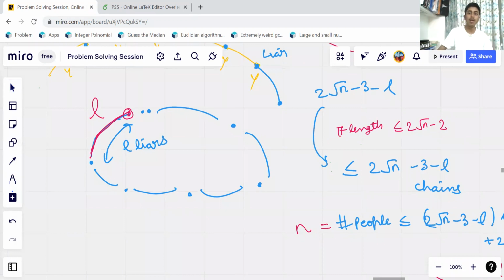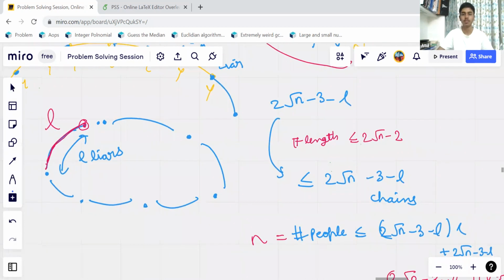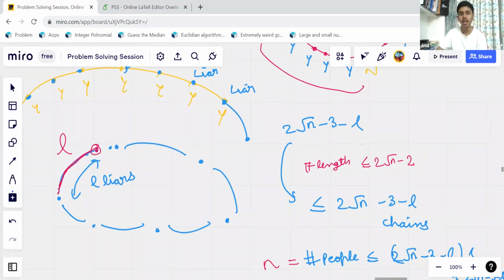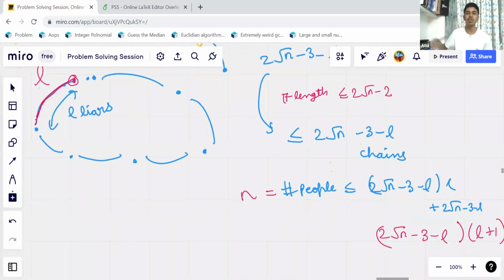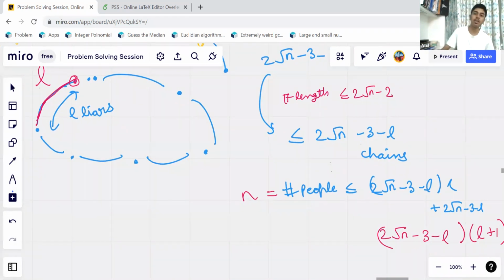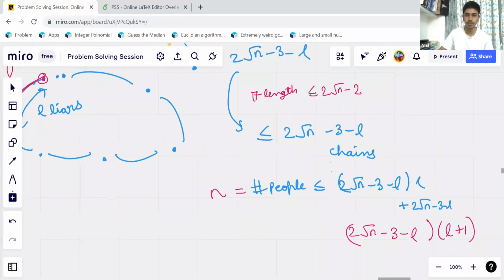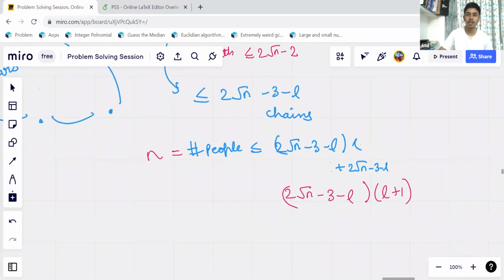So because there are L liars, we know that among the rest of the people, there are at most 2 root n minus 3 minus L liars. It's a weird expression, but it is what it is. Because there are at most this many breaks, there are in fact at most this many chains also.